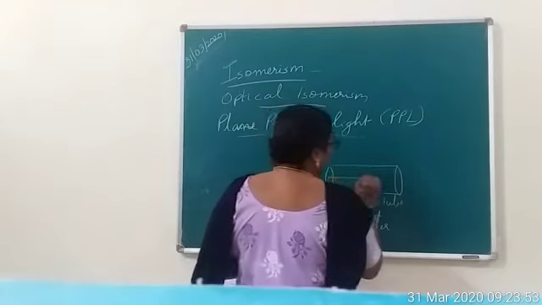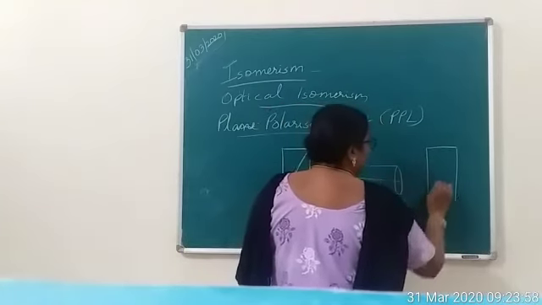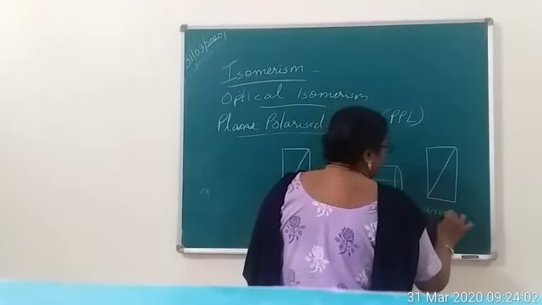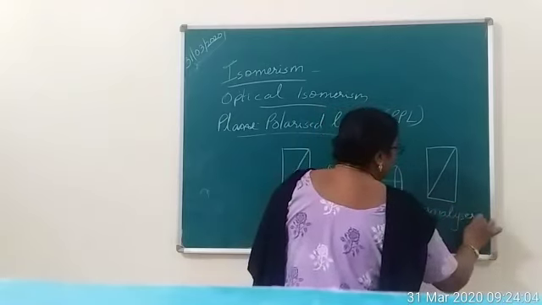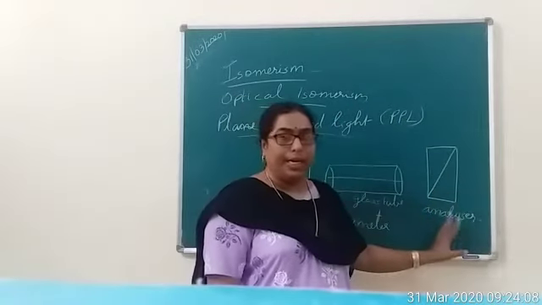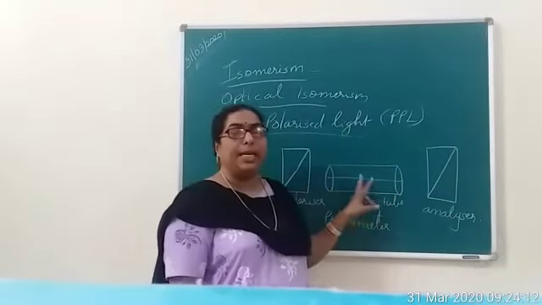The light which comes out will be analyzed by another Nicol prism, which is termed as the analyzer, and it is used to study the angle through which the light has been rotated. So the polarimeter consists of 2 Nicol prisms and a glass tube.